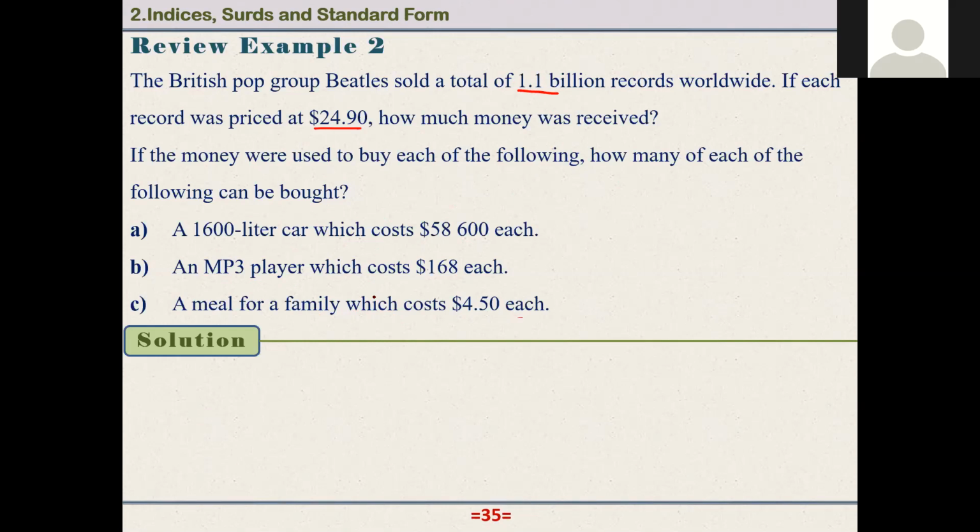So the British pop group Beatles sold a total of 1.1 billion. That means that's 1.1 times 10 to the power 9, right? Records worldwide. Okay. If each was priced at 24.90, how much money was received? First, we have to answer this question.